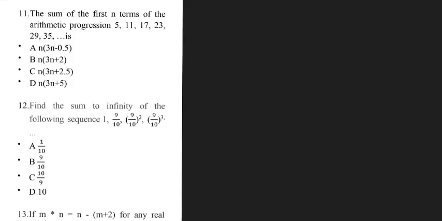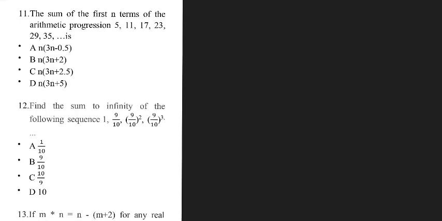Alright, question 11. The question says the sum of the first n terms of the arithmetic progression 5, 11, 17, 23, 29, 35 is. So now the first thing to note here is that this is asking us for the sum of an AP. So the question is, what's the formula for calculating the sum of an AP?